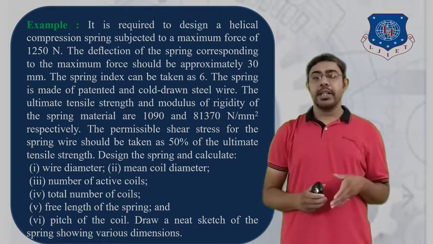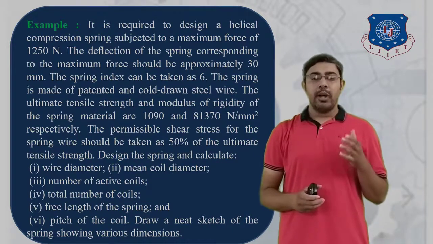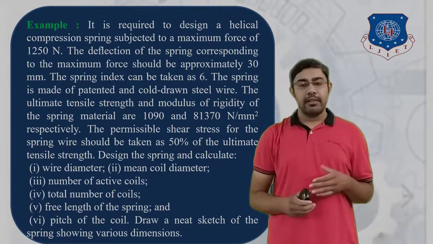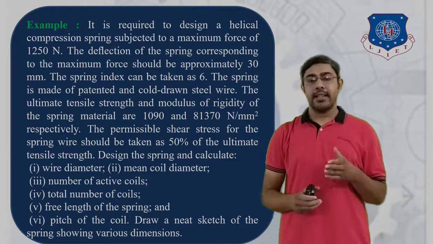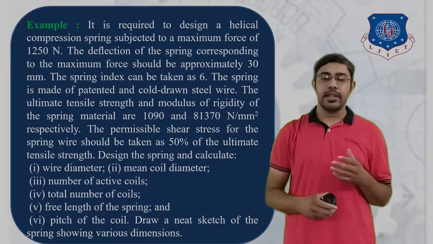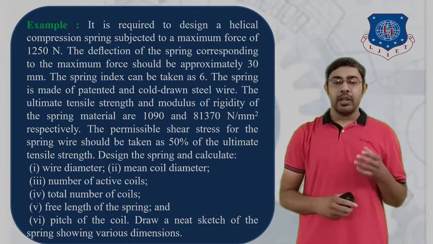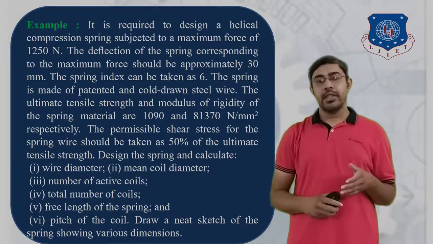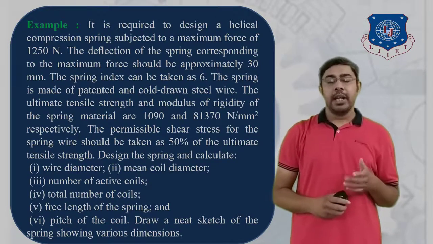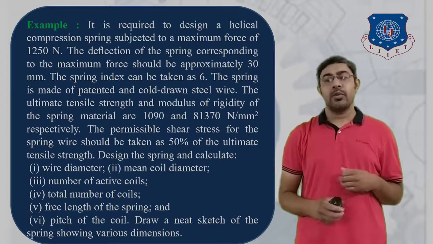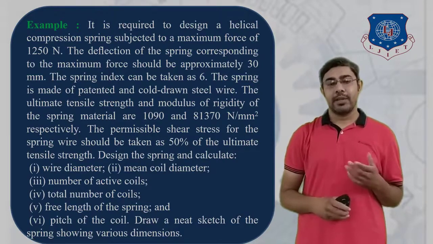Now the spring is made of patented and cold drawn steel wire. The ultimate tensile strength and modulus of rigidity of the spring material are 1090 and 81370 Newton per mm square respectively.